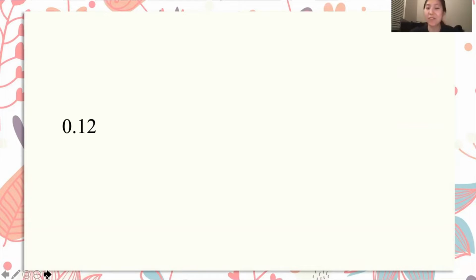So let's learn from this example, 0.12, or we can call it 12 hundredths. How can we express 12 hundredths in a visual model? We can express this decimal number as a fraction, right? In a fraction, we can write 12 out of 100.